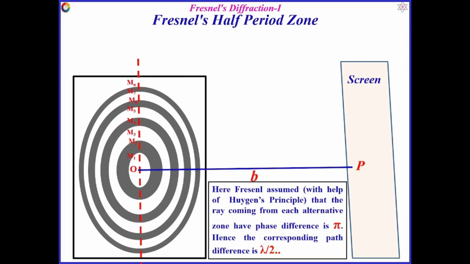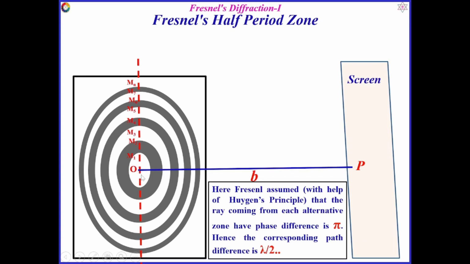Now, Fresnel made another important assumption, by considering Huygens principle, that the rays coming from each alternate zone have a phase difference of pi, and the corresponding path difference will be lambda by 2. Here you can see this is the first zone, this is the second zone.